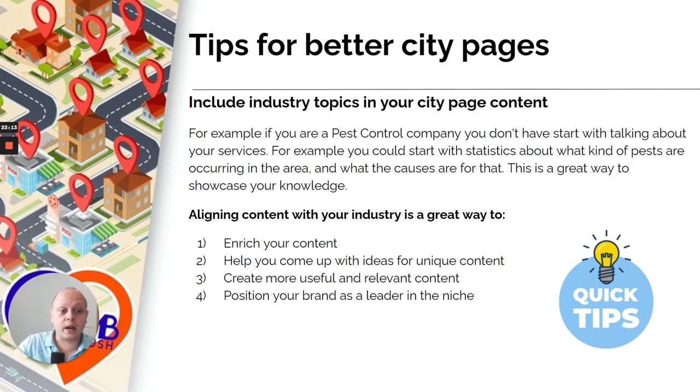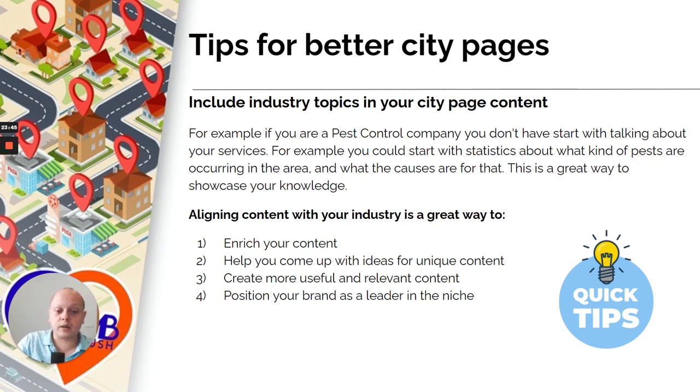So this is a great way to showcase your knowledge both about your services and what you're doing, but also about the specific neighborhoods and places in the city. Aligning your content with the industry is a great way to enrich your content, help you come up with ideas for new unique content, create more useful and relevant content, and position your brand as a leader in the niche.